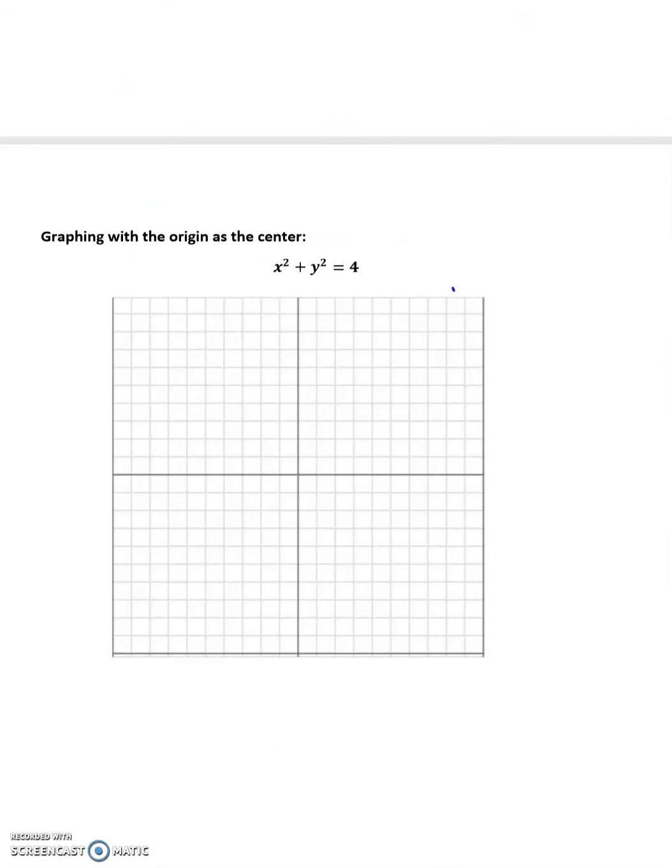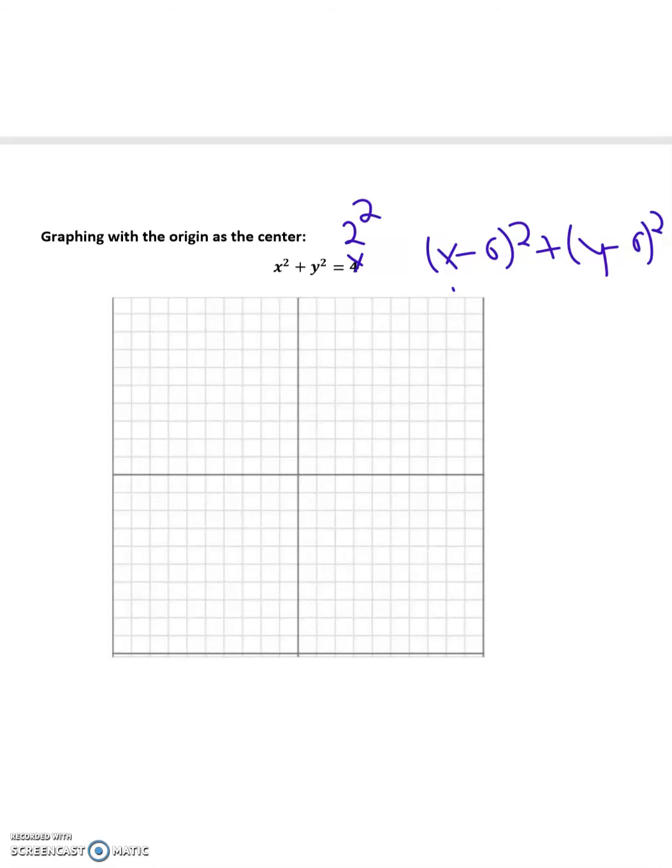Now we're going to practice graphing with the origin as our center. If the origin is our center, so we have x^2 + y^2, that's the same thing as (x - 0)^2 + (y - 0)^2. And something I should have done before: this 4 here is the same thing as 2 squared.